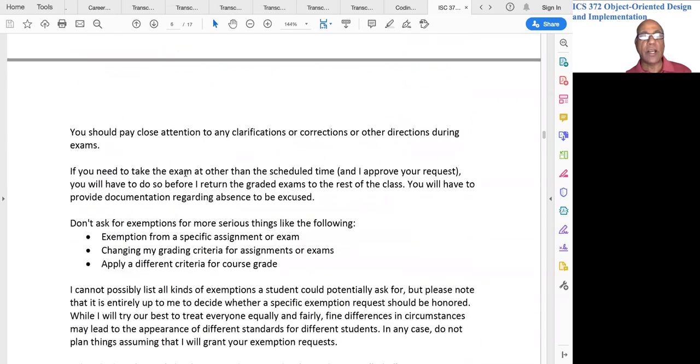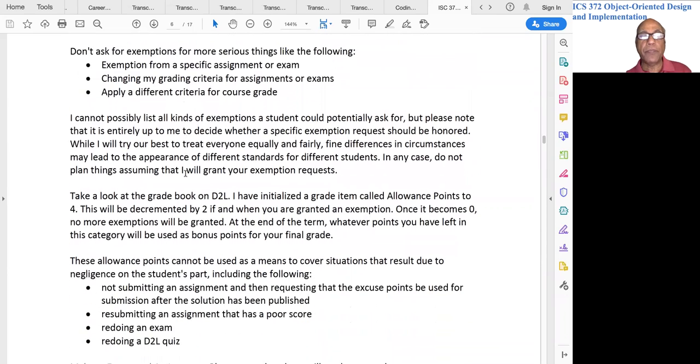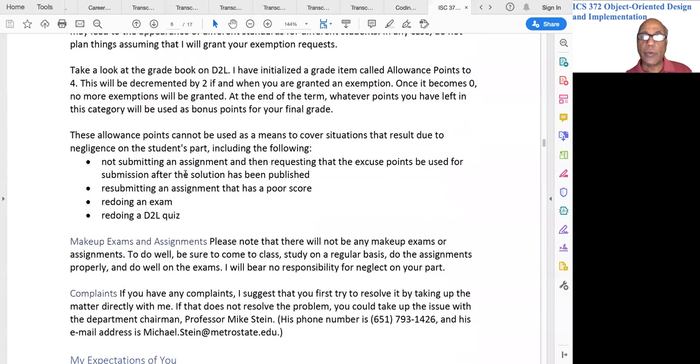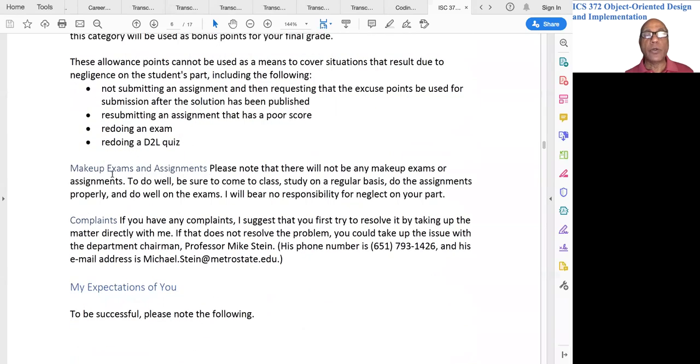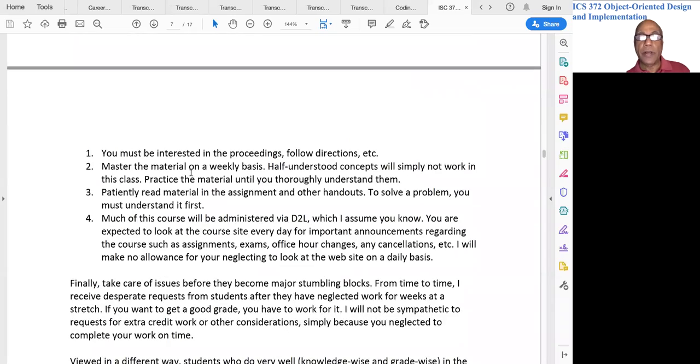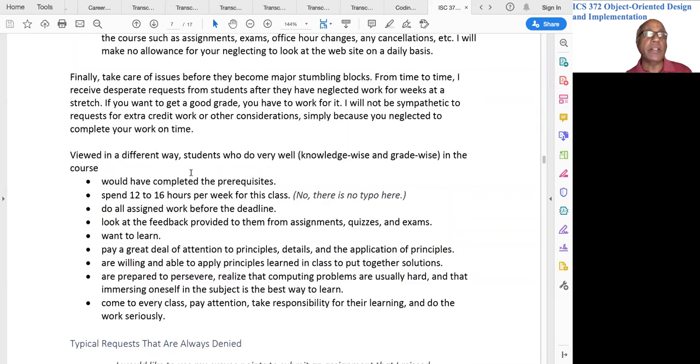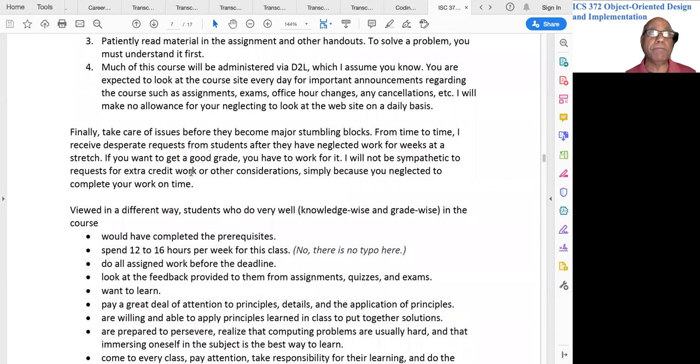Exams should be taken at the assigned time. You should look at your D2L site from time to time, preferably every day. There are no makeup exams and assignments. And one other thing is about code documentation: you should document all your programs thoroughly.